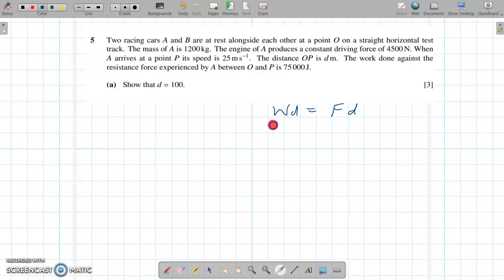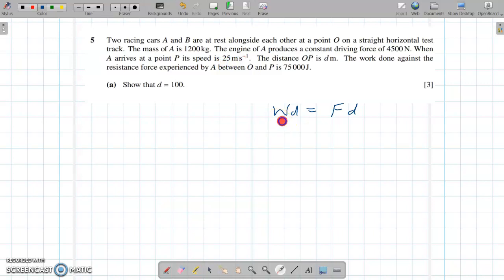It's specific to the object. So we've got two things: work done by the engine, and work done against resistant force. The work done by the engine is contributing to a build-up of speed, and the work done against resistance is hindering the speed.